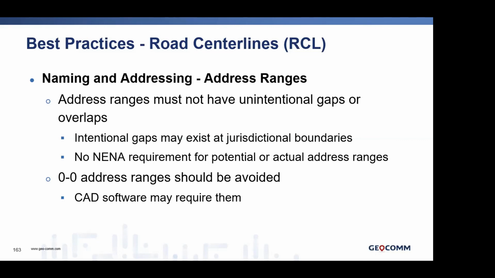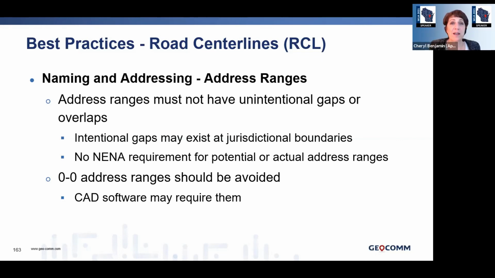Okay, so the good news is on road center lines, there is a right side address range and a left side address range. So you'll be able to show your address range as it exists on that side. You don't have to duplicate segments at all. In the best practices document, there's also what to do if you have different street names on each side in that case.